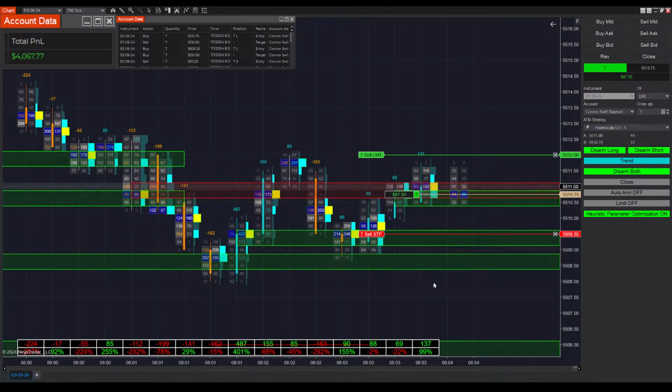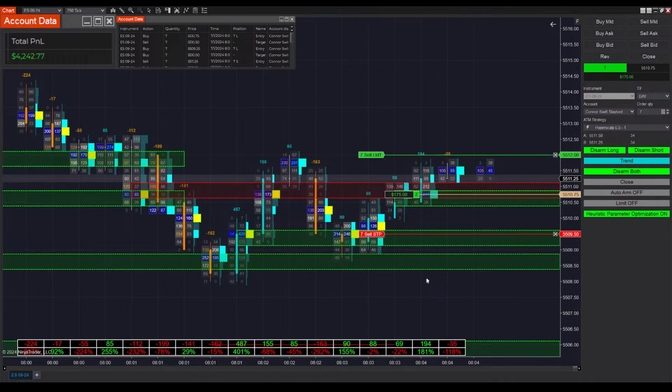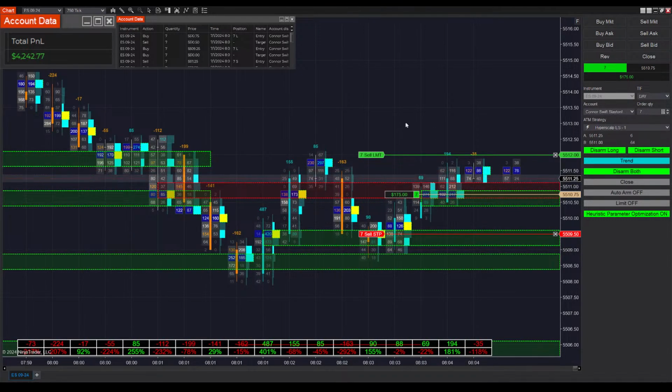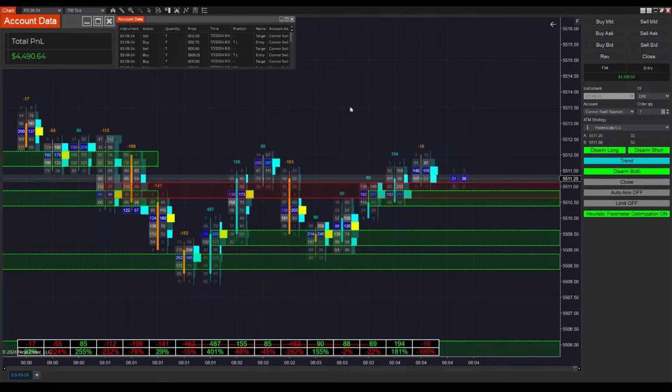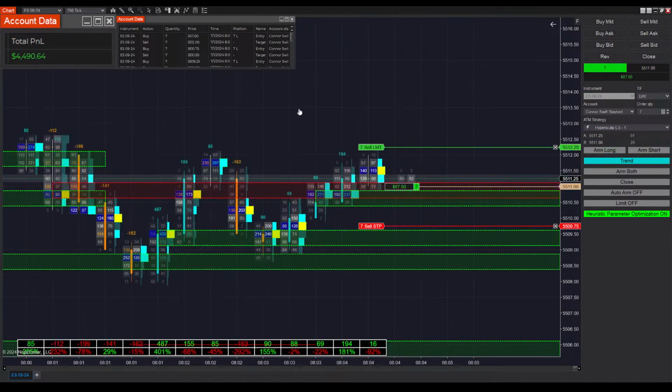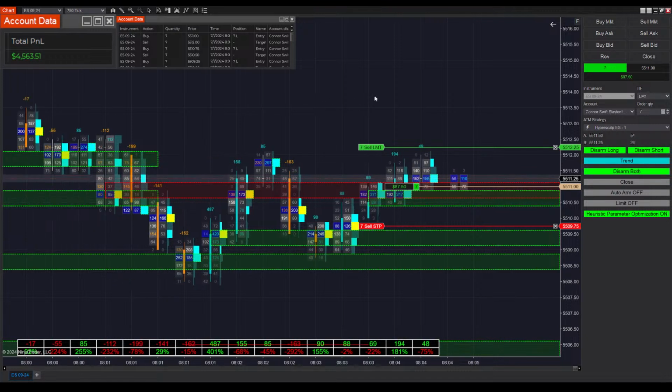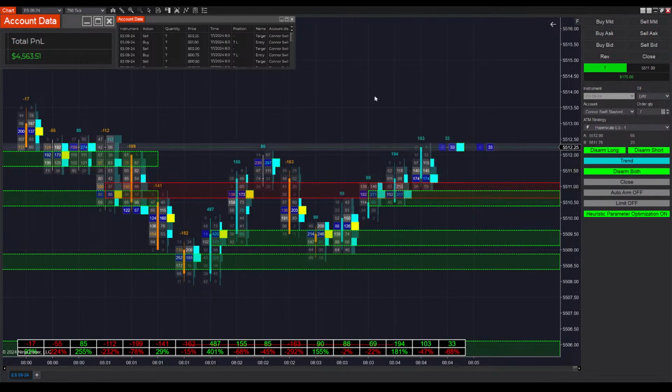Got filled into a long position here. Almost hit our take profit there. And we end up winning that trade as well, up to $4,400 on the day now. Right there into a long trade. This is kind of ridiculous, guys.